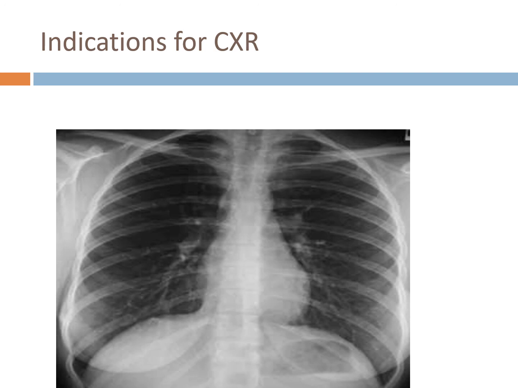So, indications for X-ray. What are we looking for? A lot of times we do it after positioning an ET tube or different line placements, like I mentioned. We're looking to see if the appropriate therapy has been ordered or is effective, the effectiveness of therapy, determine any type of lung alterations to see what's going on, if they have a pneumo or a pneumonia, and watching progression of disease.